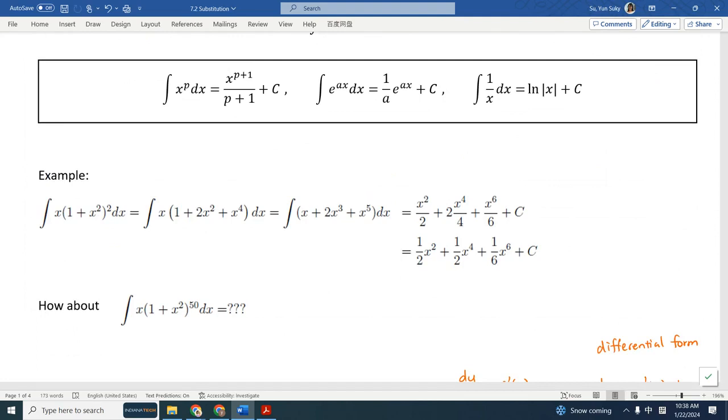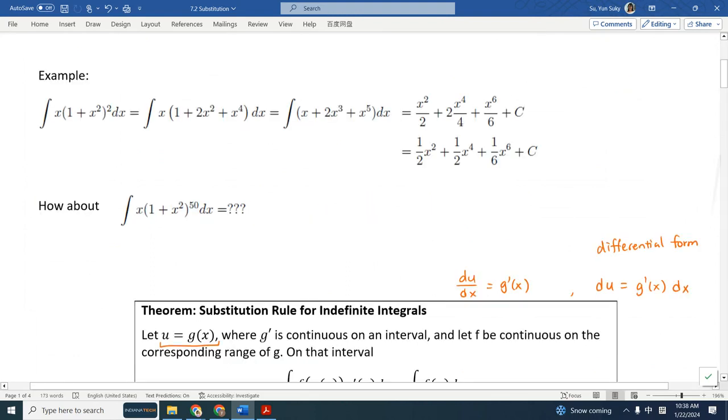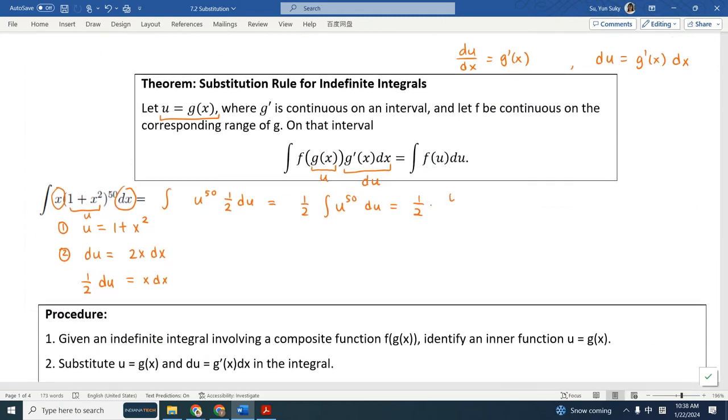In this case, u to the 50, which one? The first one. For u to the 50, you increase the power by 1. What do you get? u to the 51 divided by 50 plus 1 is 51, the new exponent, right? Plus C.